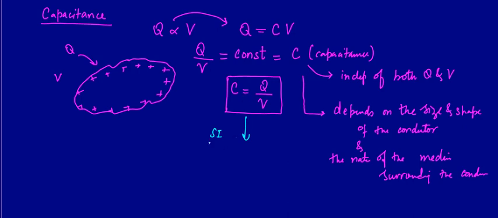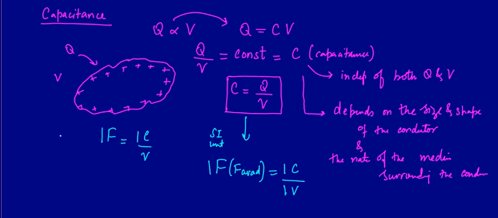The SI unit of capacitance is a farad, represented by a capital F. 1 farad is defined as the ratio of 1 coulomb charge per 1 volt. So we'll say 1 farad is equal to 1 coulomb per volt.